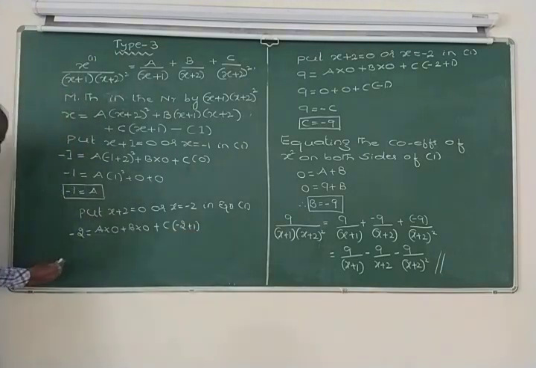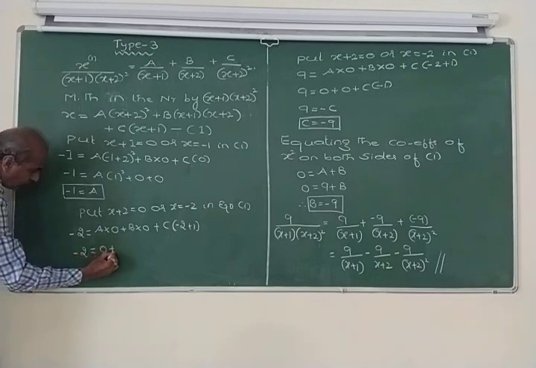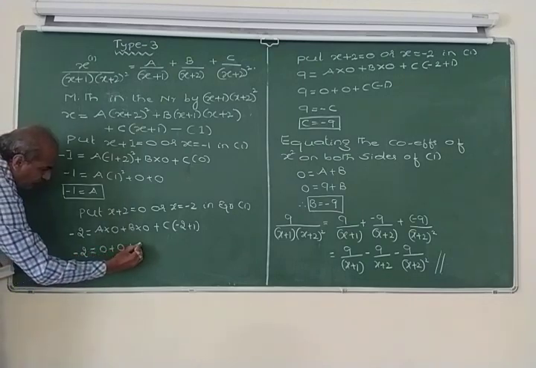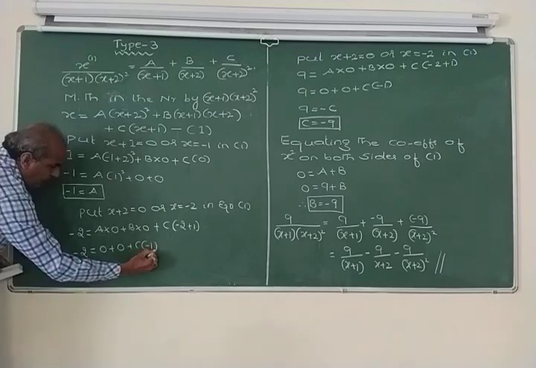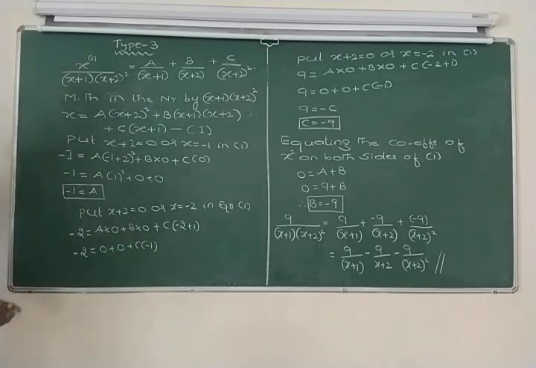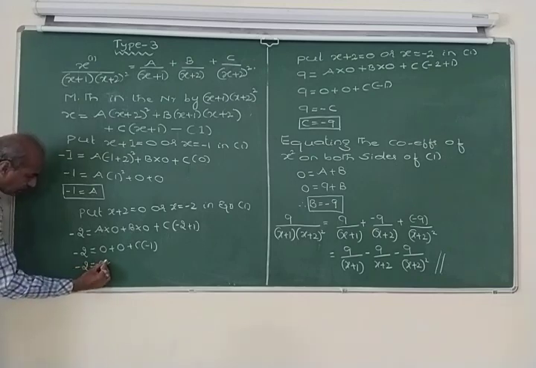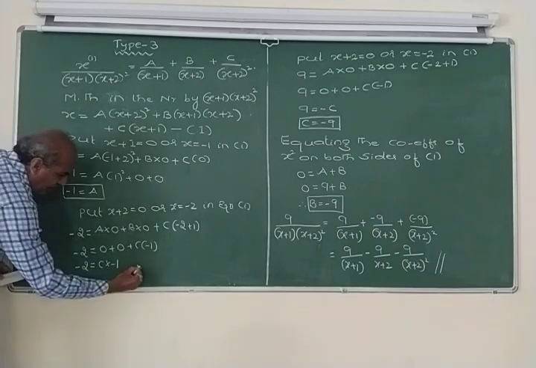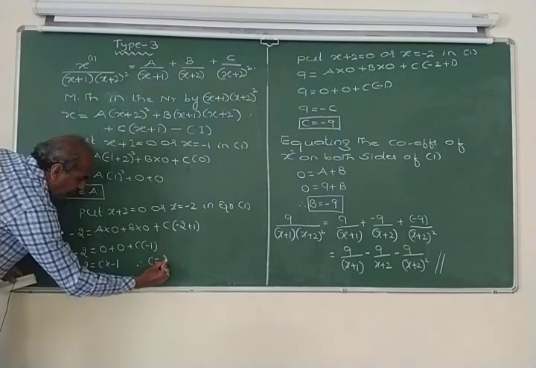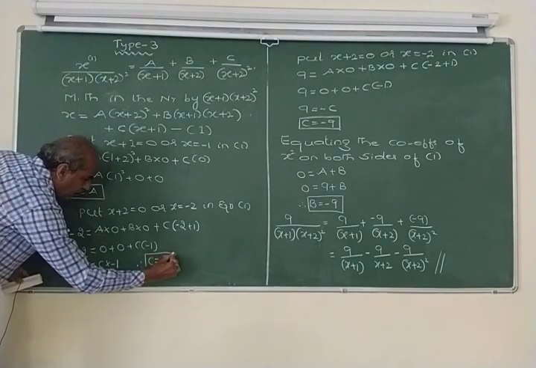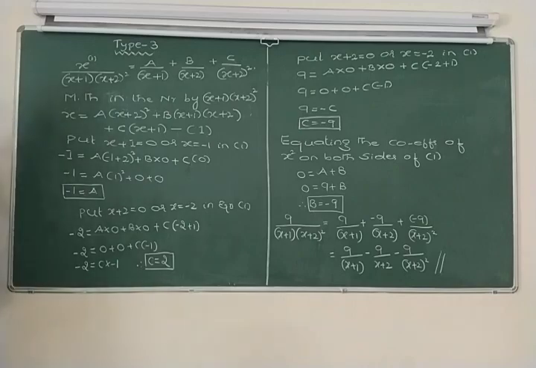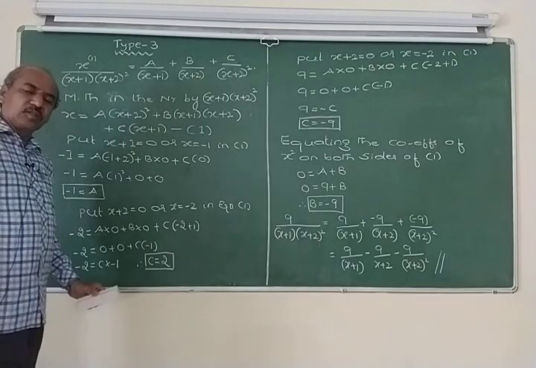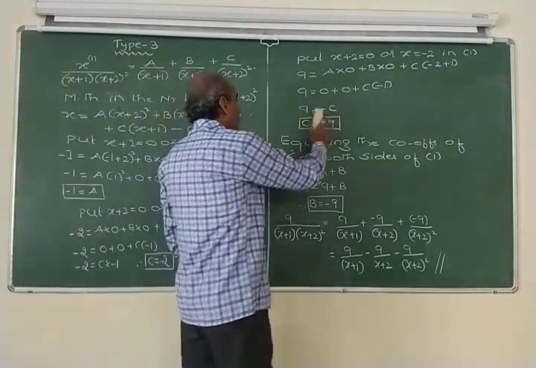So minus 2 is equal to 0 plus 0 plus C times minus 1, or minus 2 is equal to C times minus 1, therefore the value of C equals 2. Cancelling negative signs on both sides.